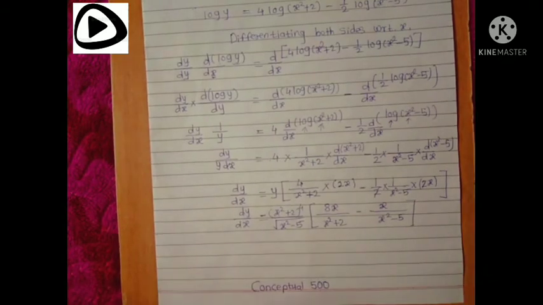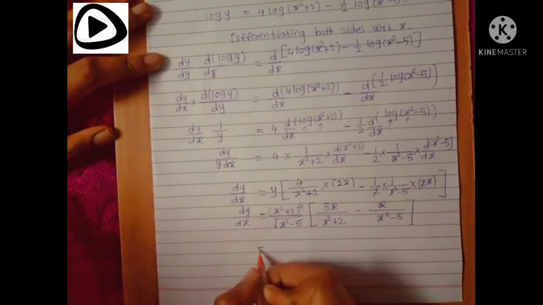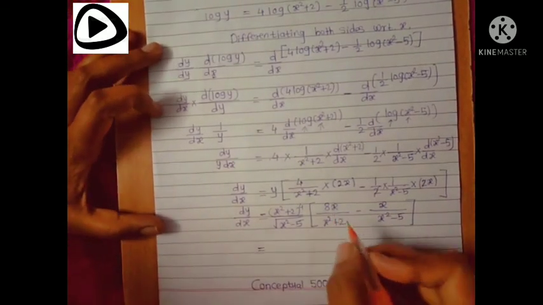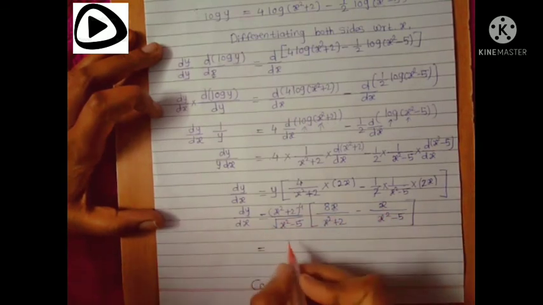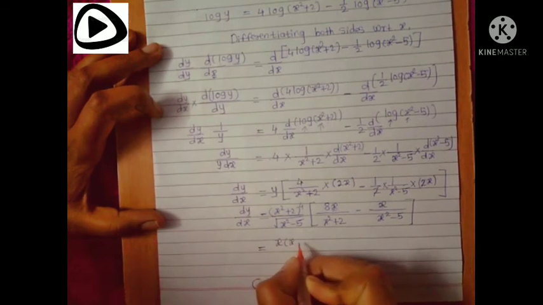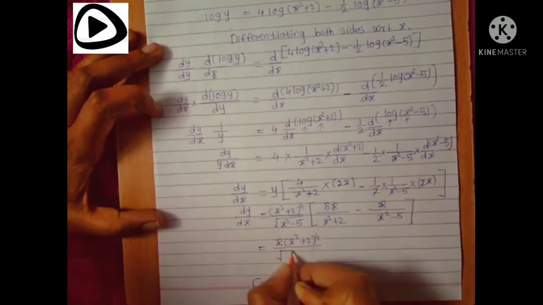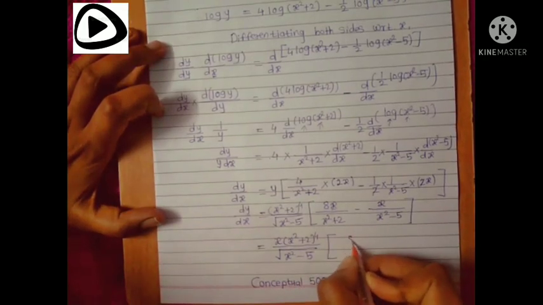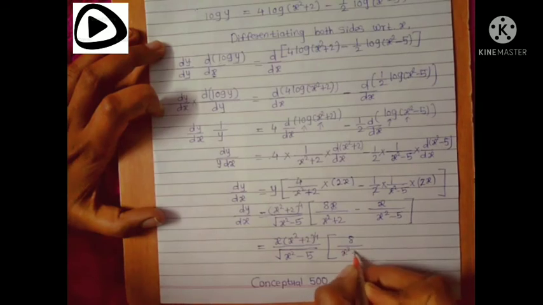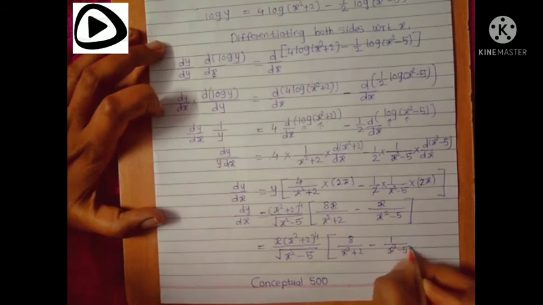If you want, you can simplify it further. x is common here, so we take x out: x into x square plus 2 raised to 4 divided by under root x square minus 5, and inside the bracket 8 divided by x square plus 2 minus 1 upon x square minus 5.